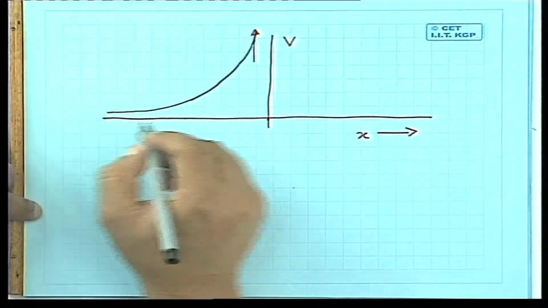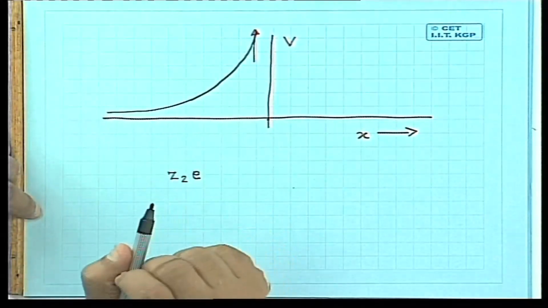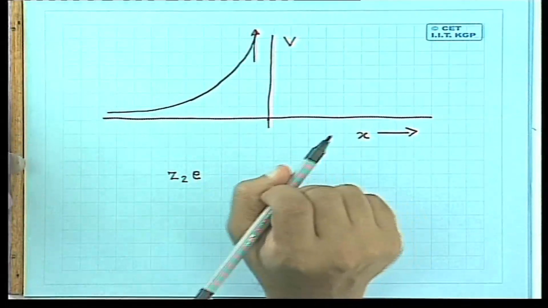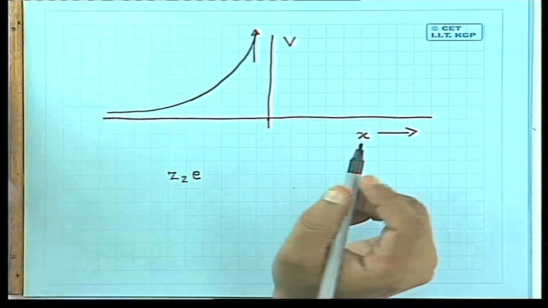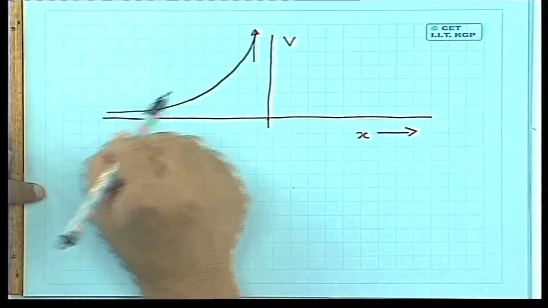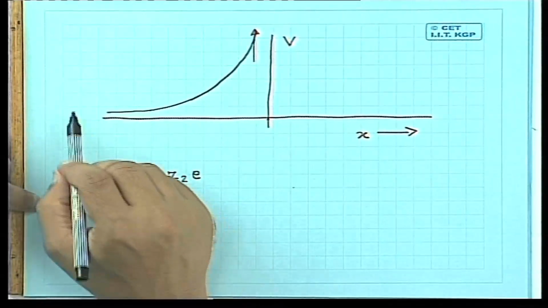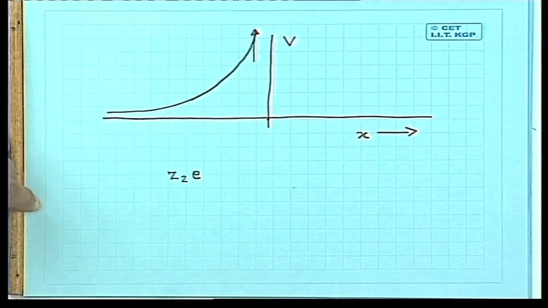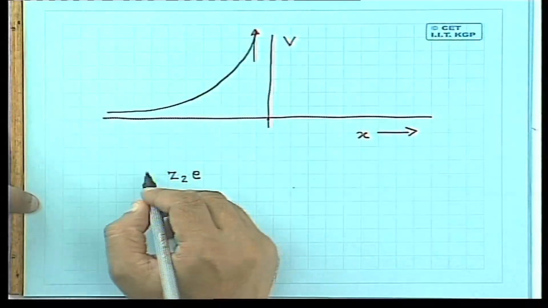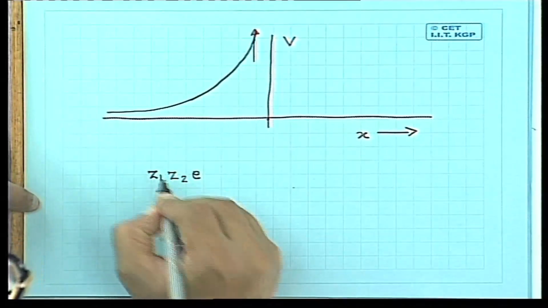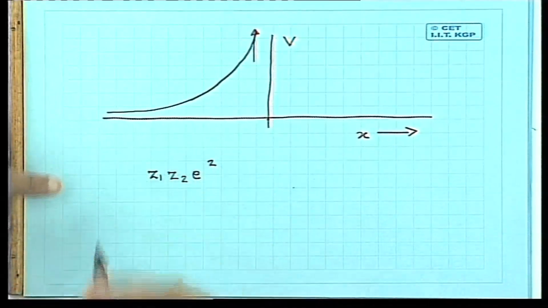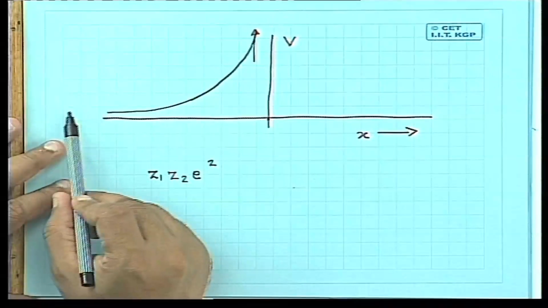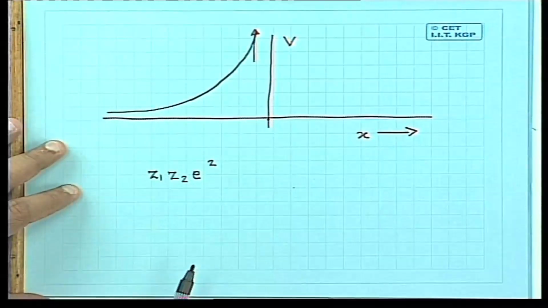So if I am bombarding a positively charged particle, let us say an alpha particle, onto this nucleus, then that alpha particle as it approaches the nucleus will experience this electrostatic potential. It has to overcome this potential if it has to go and hit the nucleus, and the potential will be Z1 Z2 e squared divided by R, where Z1 is the number of protons in the incident particle.